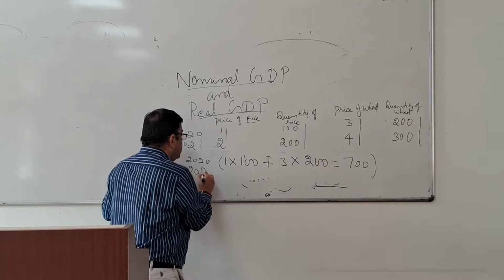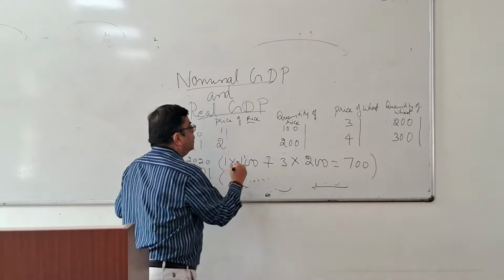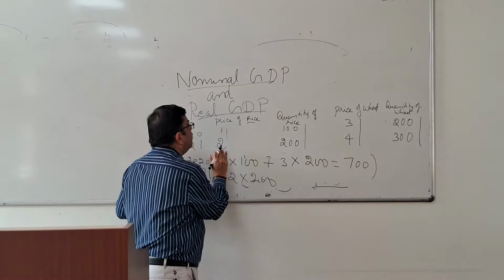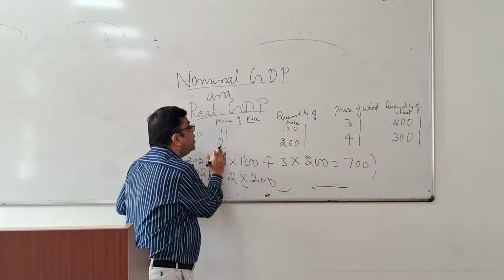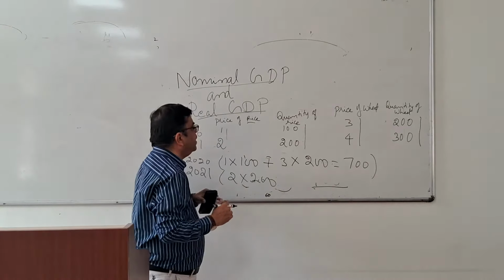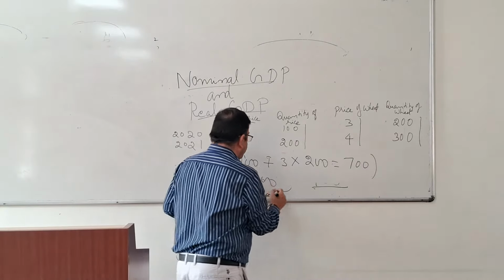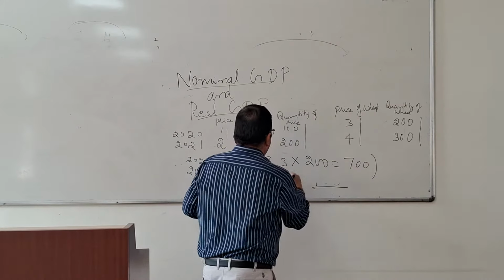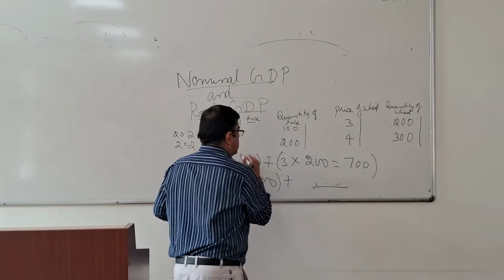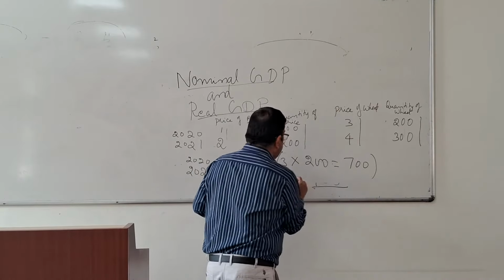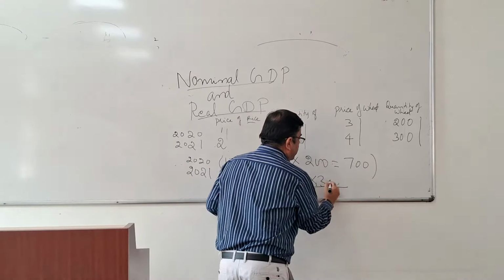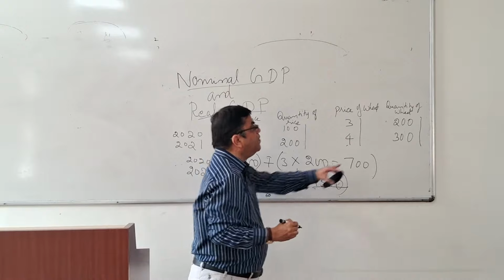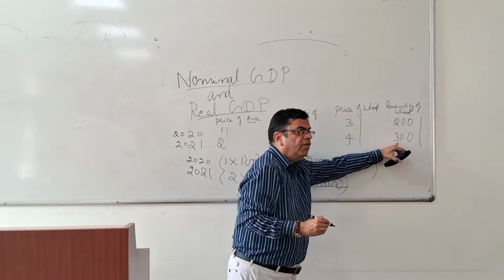Now in 2021, 2 into 200, that is 2 rupees per unit is the price of rice in 2021, and the quantity produced is 200, plus 4 into 300, that is 4 is the price per unit of wheat and 300 is the quantity of wheat.